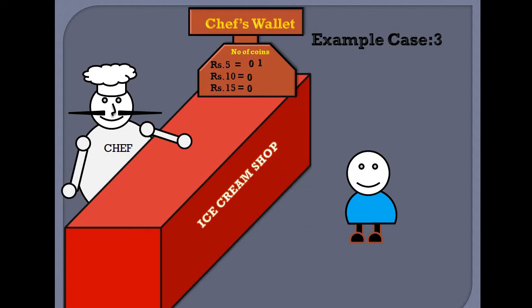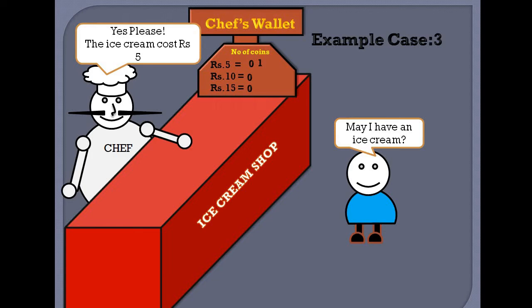For the second person, when he asks the chef to get him the ice cream, say the second person pays the chef a rupees 15 coin to get the ice cream. At this time, the chef has to return some change.